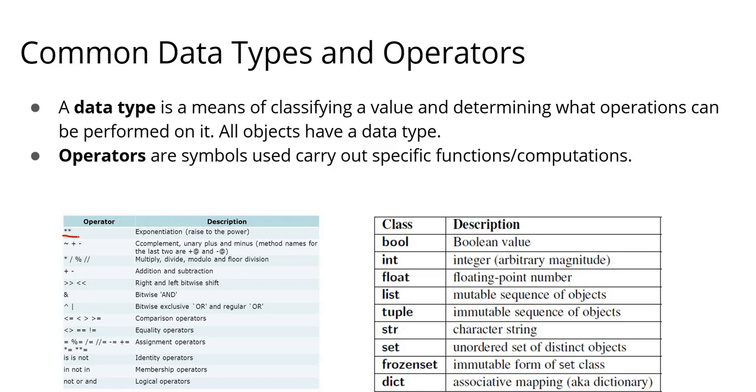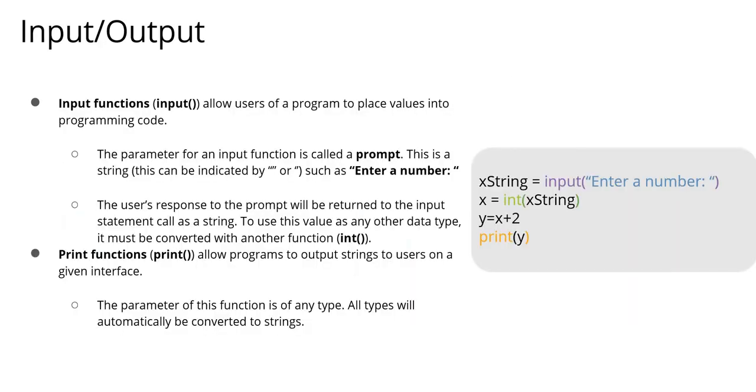The plus and minus signs are addition and subtraction, the basic operators. Apart from this, bool, int, float, list, tuple, str, that is string, set, frozen set, and dict are the classes of your data types. You can see all these terms.